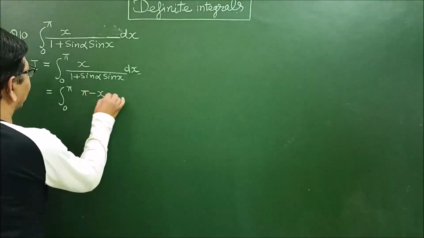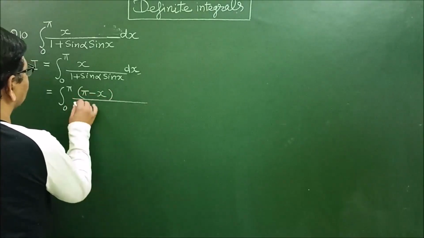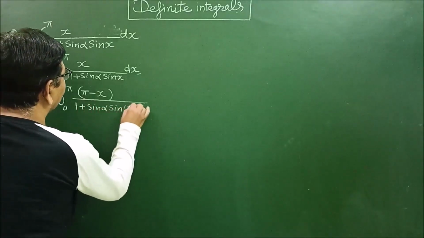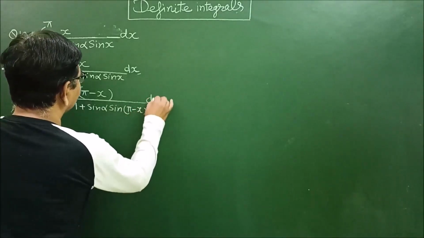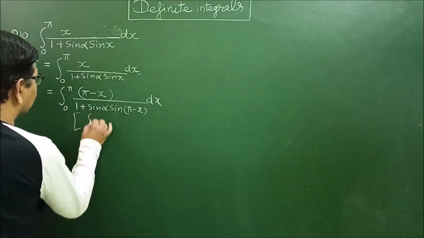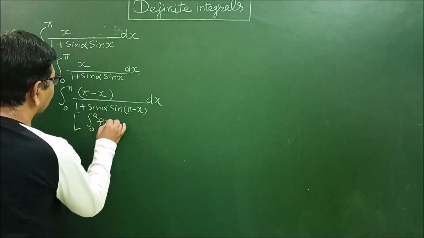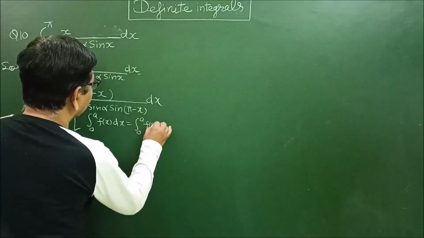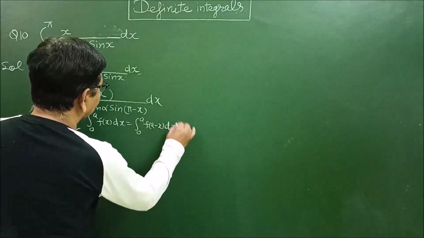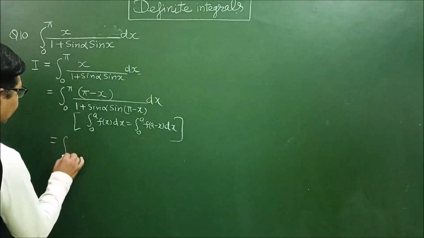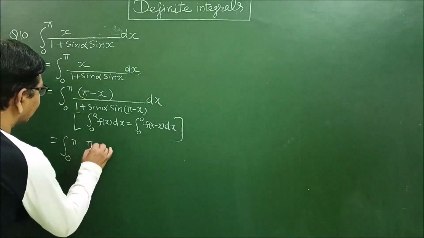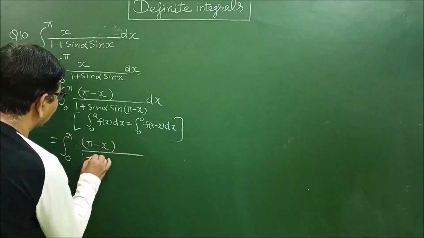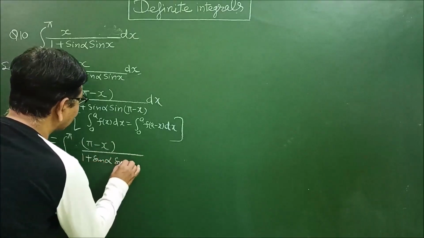So pi minus x upon 1 plus sine alpha into sine of pi minus x, यानी f(a minus x) की वैल्यू, integral 0 to a f(x) dx will be equal to integral 0 to a f(a minus x) dx using this property. और इसको आगे सॉल्व करें 0 to pi, pi minus x अपॉन 1 प्लस साइन अल्फा इंटू साइन एक्स dx.